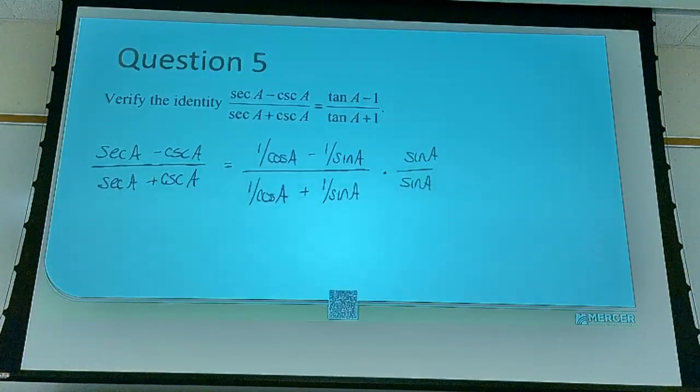Multiply by 1, right? So you're not changing anything. What's 1 over sine A times sine of A? It's 1, right?